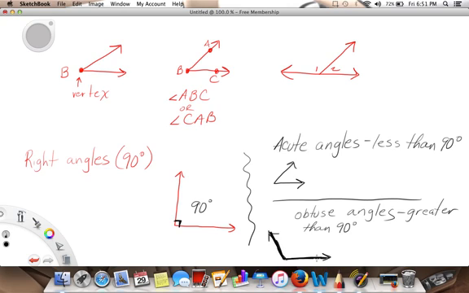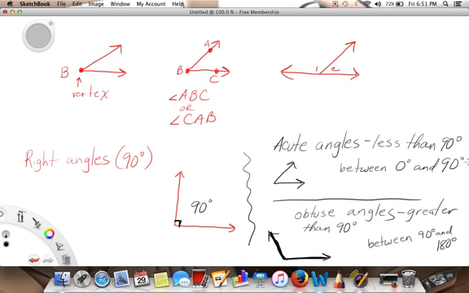So we have an obtuse angle, and technically it is between 90 degrees and 180 degrees, and up here it's between 0 degrees and 90 degrees.